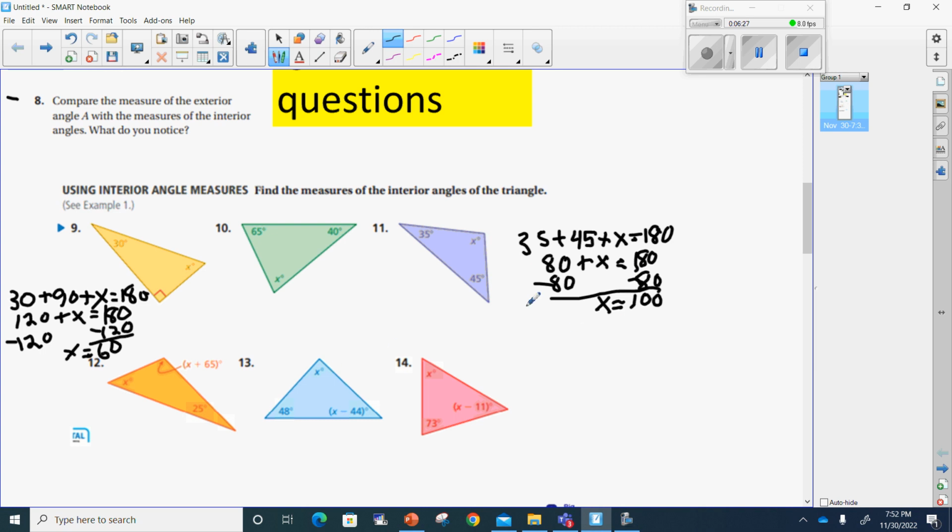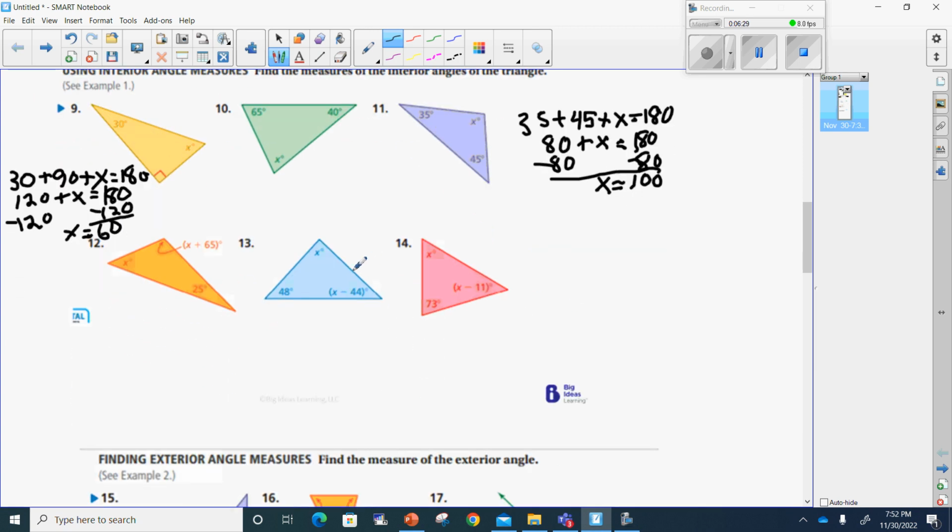All right, let's go to number 13. On this one we have, well, we got 48. I'm going to do the work over here. We're going to add that to x minus 44. And then we're going to add that to x.